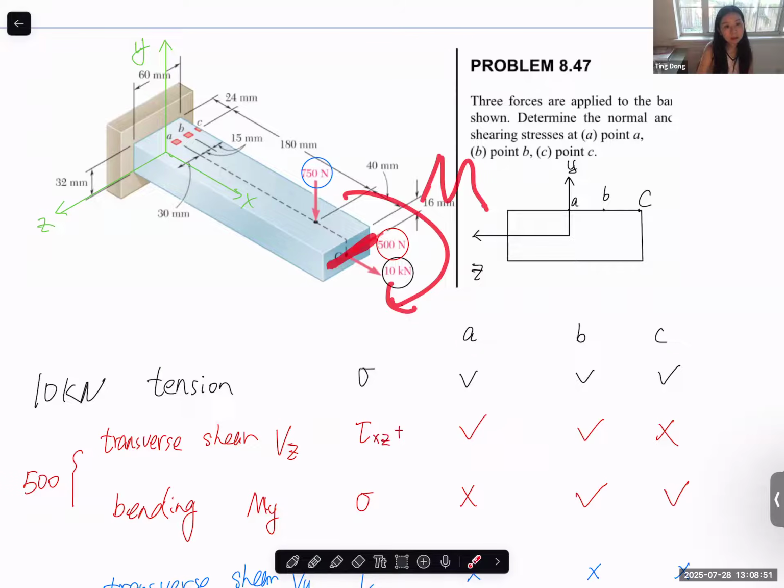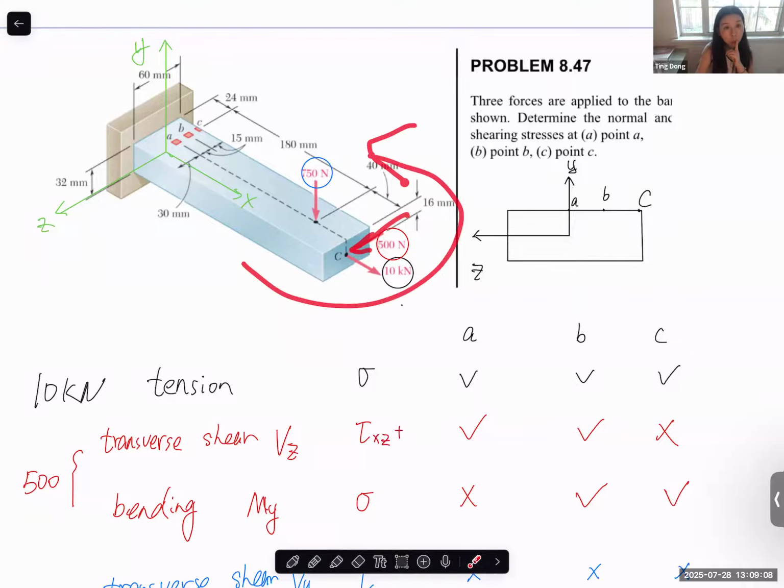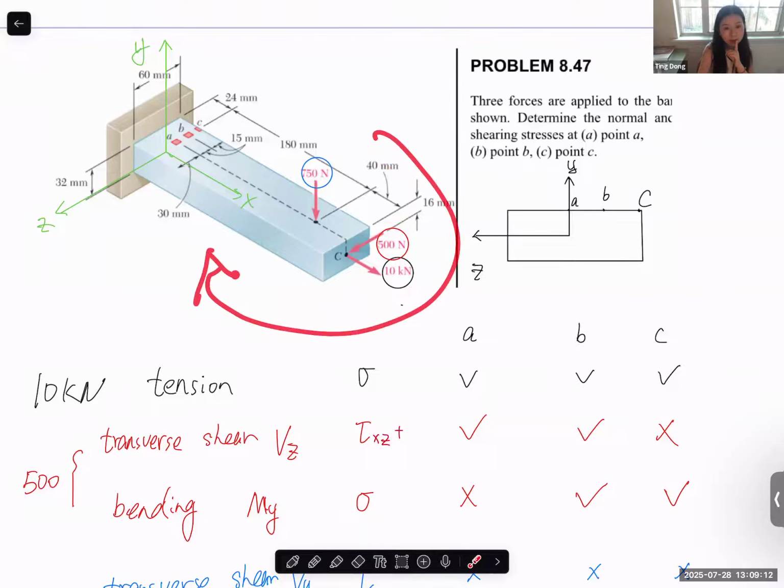This is the neutral surface on the cross section. If we are applying a force in the z direction, then it's bending about the y-axis, and this is the y-axis. Neutral surface, we can say that it's in the direction of the axis bending about.